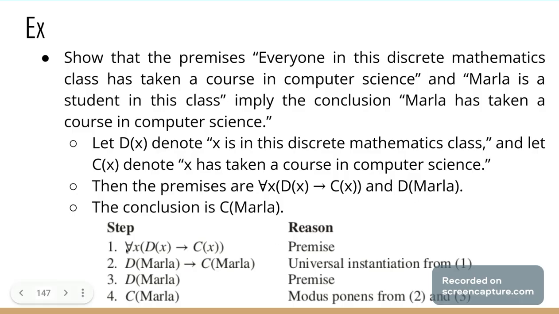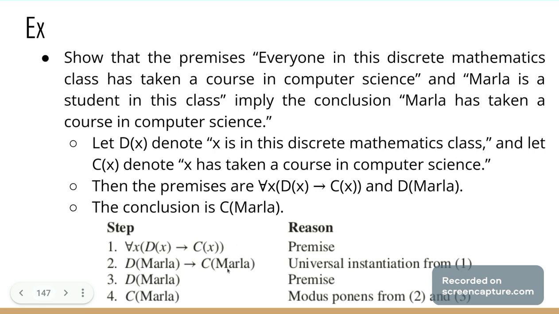So let's take the first premise, for all x, D of x implies C of x. This is a universal instantiation from which we can imply D of Marla implies C of Marla.